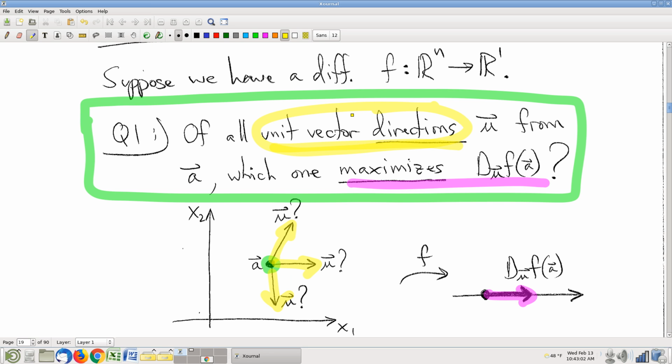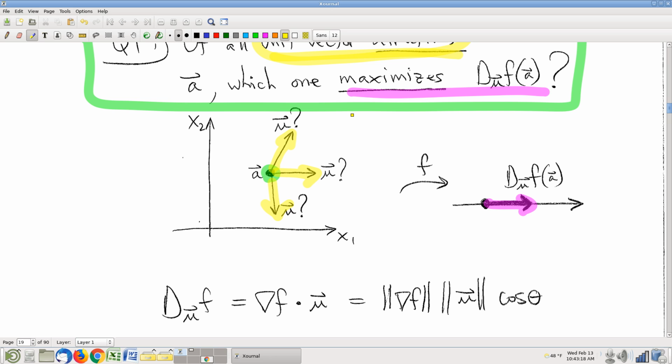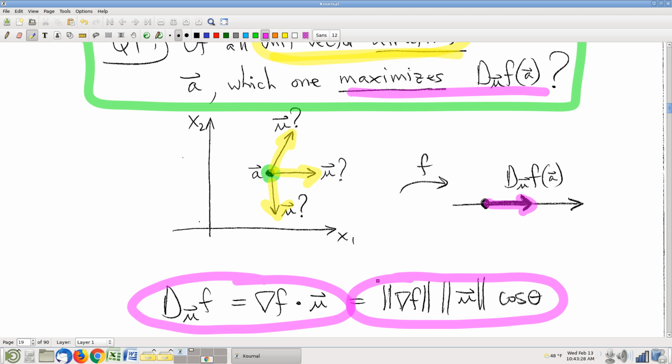Okay, so how do we resolve which of these unit vectors points in the direction that makes my directional derivative as high as possible? Here's the way we answer this question. This directional derivative, I have a formula for it. If I want to make that directional derivative as high as possible, I want to make that dot product as high as possible. Reminder, here's how you compute dot products. So for all of these different vectors, I want to make this expression here as high as possible.